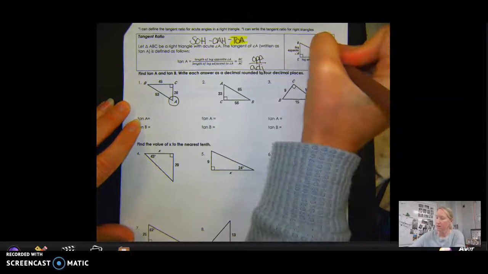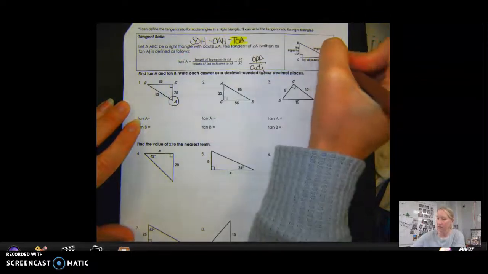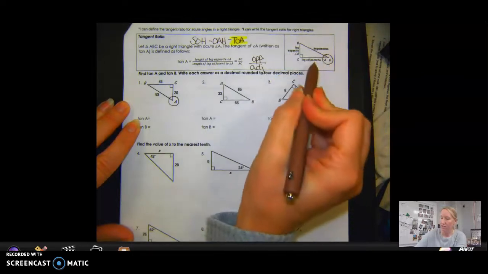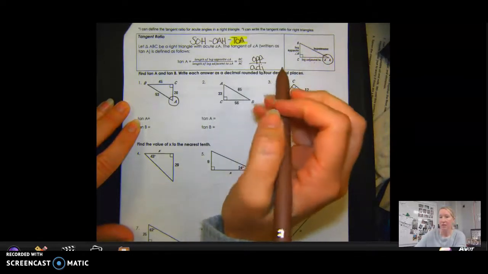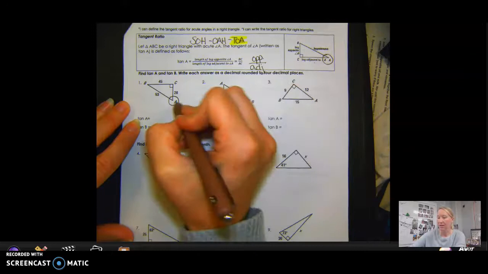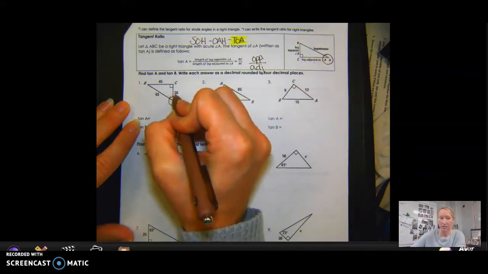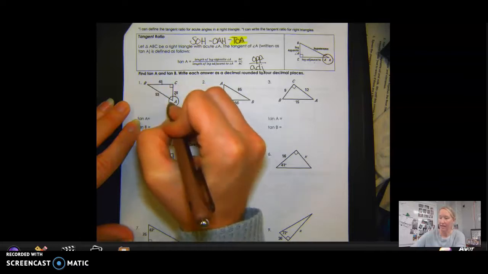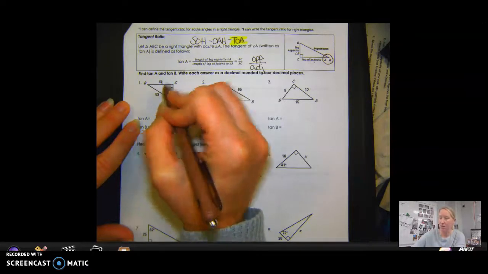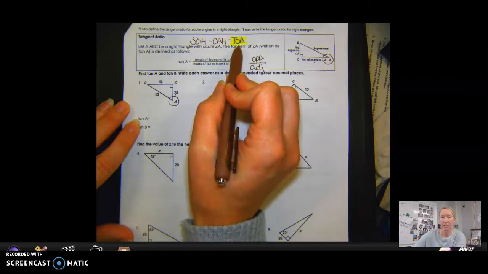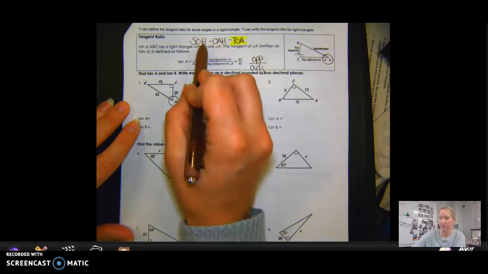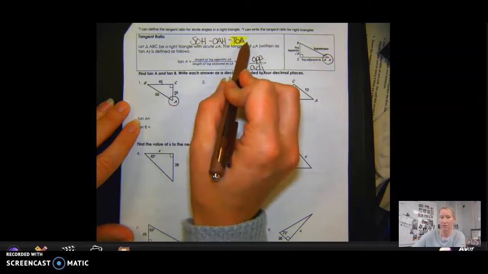So if I circle angle A up here, it's the leg opposite over adjacent. So on a right triangle, whenever you talk about an angle, you have an adjacent side, you have an opposite side, and then you have an H, hypotenuse side. We don't use the H in tangent. We use the H in sine and cosine, okay? Because there's that H and there's that H. Here we use opposite and adjacent.